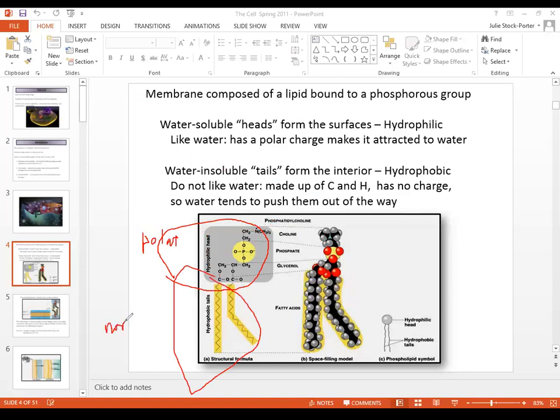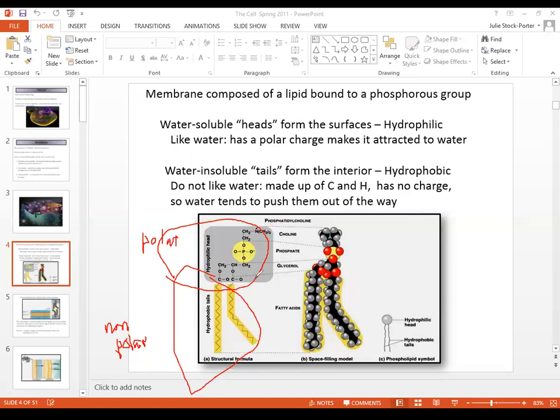So these are not going to be attracted to water. They're going to shy away from water. I go on and on about it because the concept is so important. It's what makes up the cell membrane, and it's what keeps cells intact. If we don't have cells, we don't have life. So it becomes very crucial to our understanding.